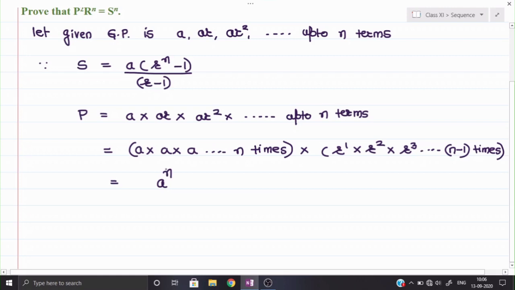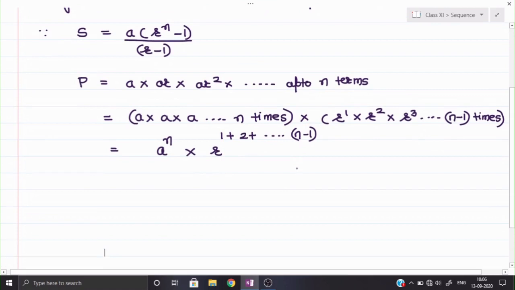It will not be n into a, because here we are not adding a. If we are adding a up to n times, it will be n into a. But if we are multiplying a n times, it will be a to the power n. Simply apply the laws of exponents here. Similarly, here r to the power will be 1 plus 2 plus and so on, up to n minus 1, because it is going up to n minus 1 terms.